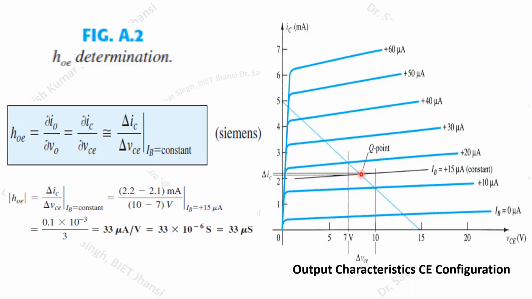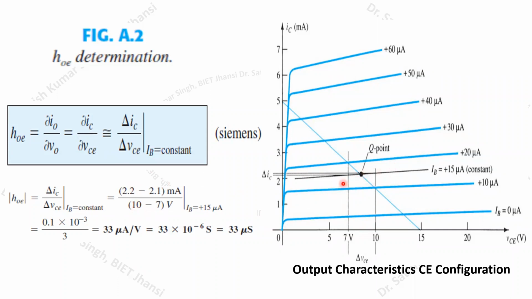This is the midpoint, and from this midpoint you can choose an equal deviation of VCE. Here we have taken this at the IB equals plus 15 microampere curve. On this curve we have to choose this delta VCE, which we have taken as a maximum of 10 and a minimum of 7 volts.